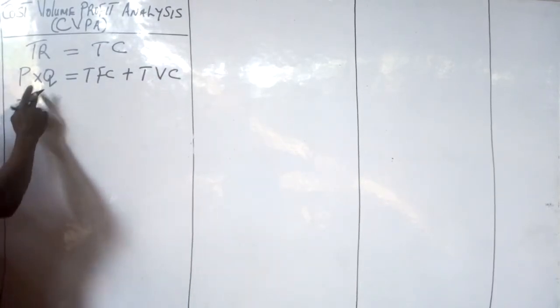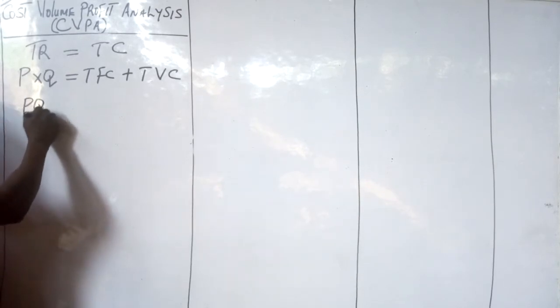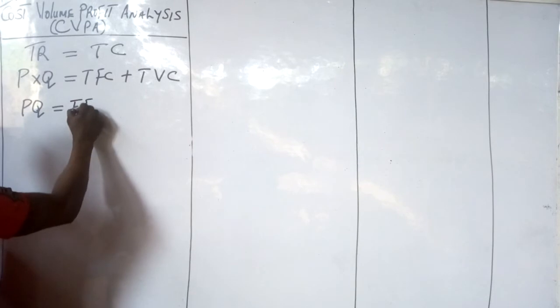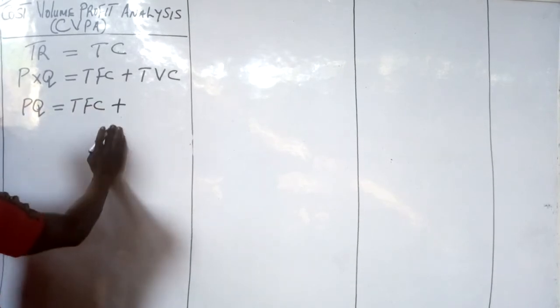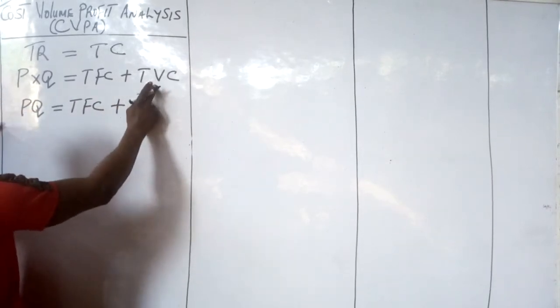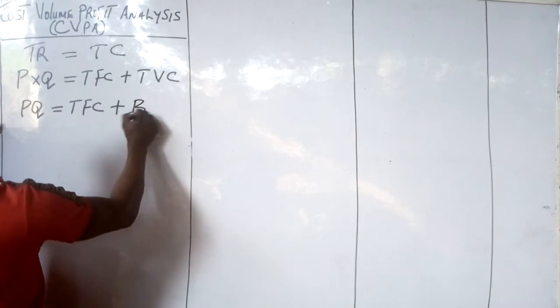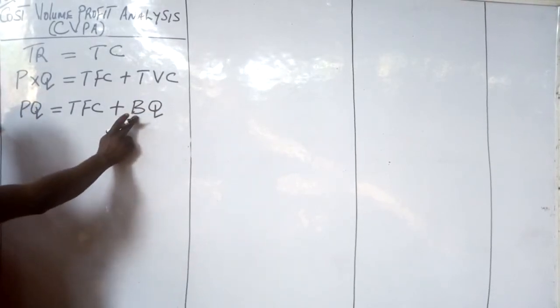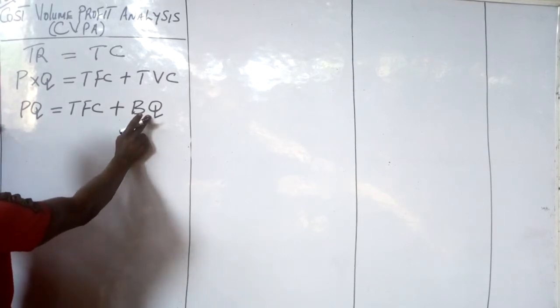So price times quantity will give us PQ equals total fixed cost, with the abbreviation TFC, plus total variable cost, which becomes BQ, which is variable cost per unit times the quantity produced.